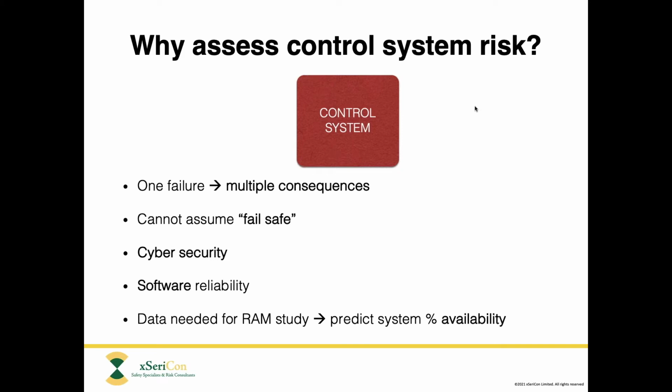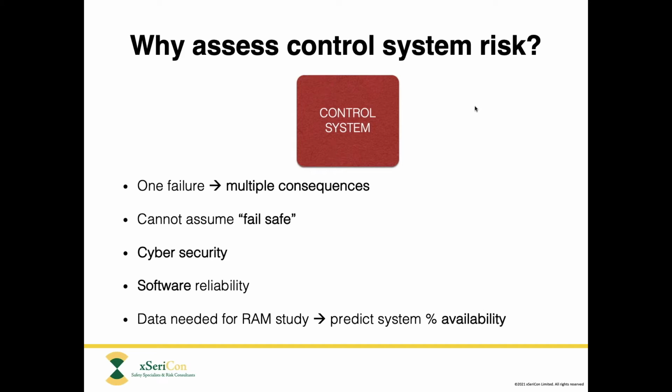Probably the most famous incident is from a few years ago now, an incident called Stuxnet. If you've never heard of Stuxnet, then I highly recommend that you do a bit of searching online and find an article to read about it. I feel that everyone involved in process safety and process management should know about Stuxnet and how to make sure that it doesn't happen in your organization.